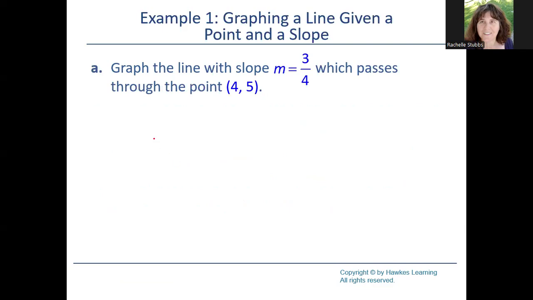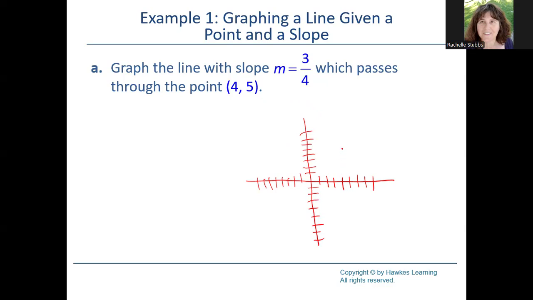So here it says, graph the line with the slope m equals 3/4, which passes through the point (4, 5). So what I could do here, I know that (4, 5) is on the graph. So I can find the point 4, 1, 2, 3, 4, and 5.